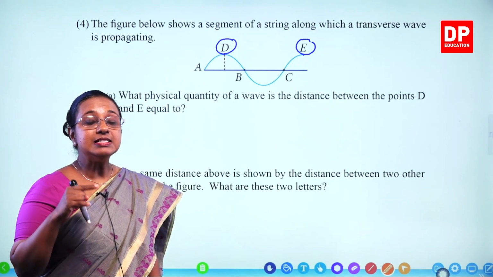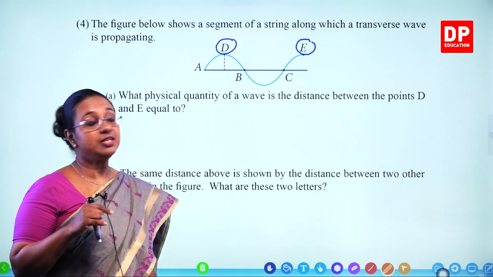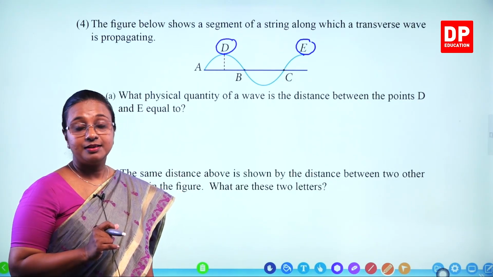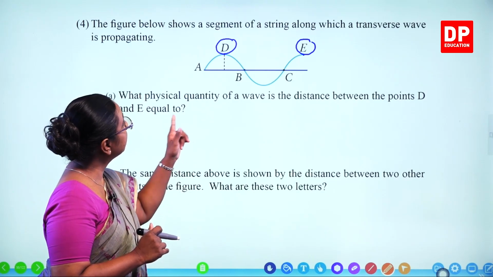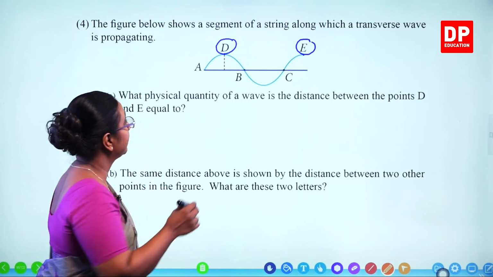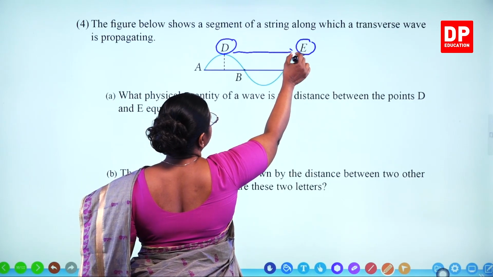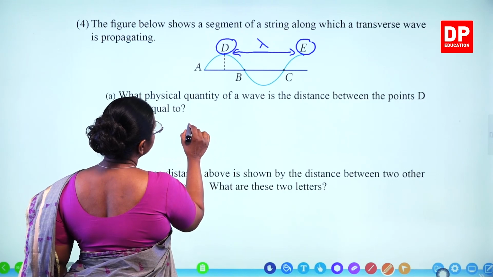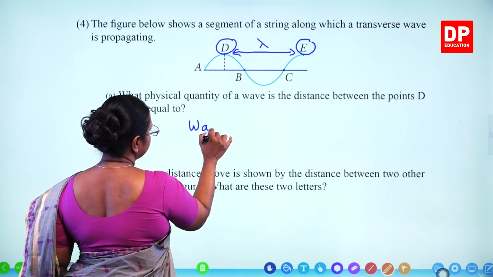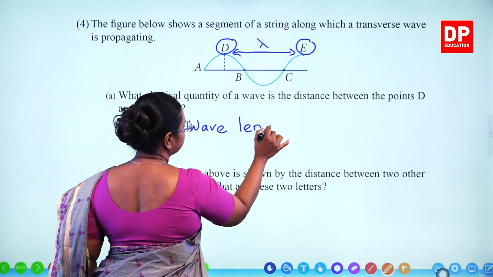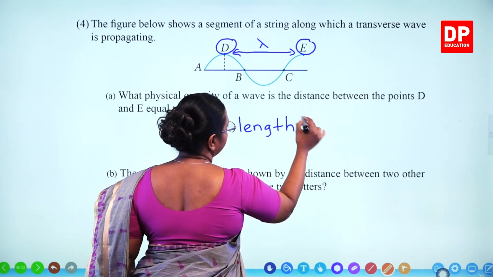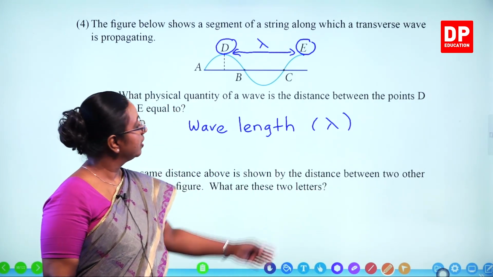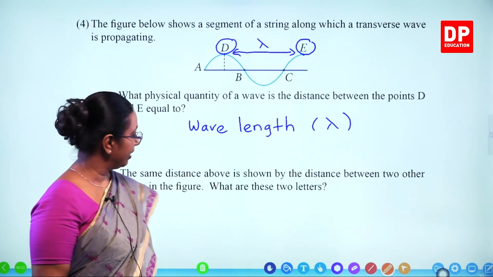They are in similar state of motion and they are adjacent to each other. So, what is that distance equal to? It is the wavelength lambda. So, from here to here, it is the lambda. So, here we have to write the physical quantity. We can say wavelength. If you want, in brackets, you can write it as lambda also. That is the symbol for wavelength.